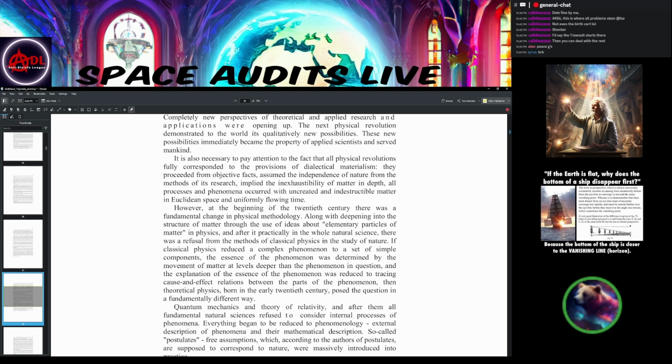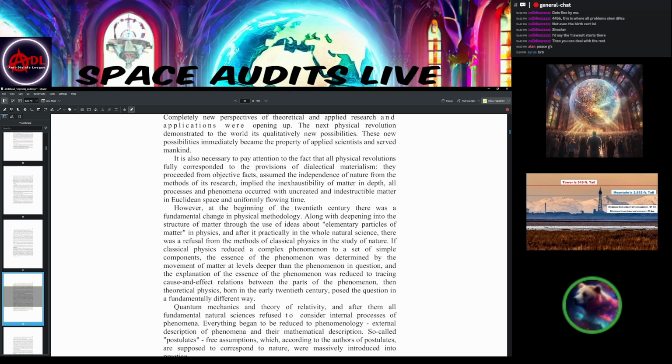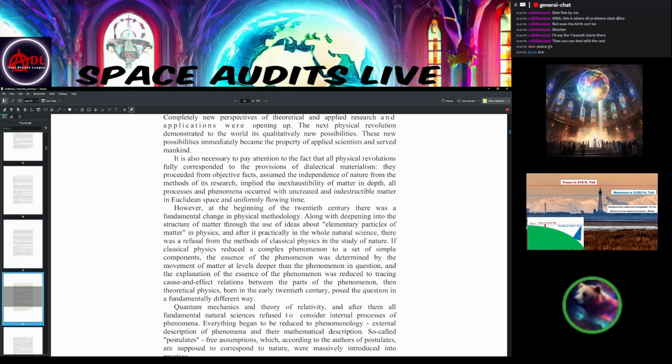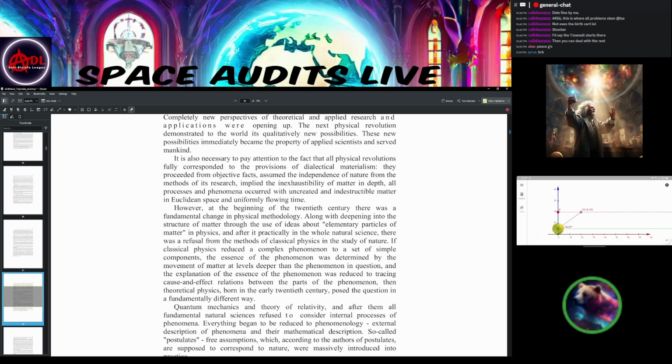However, at the beginning of the 20th century, there was a fundamental change in physical methodology, along with deepening into the structure of matter through the use of ideas about the elementary particles of matter in physics, and after it practically in the whole natural science, there was a refusal from the methods of classical physics in the study of nature.